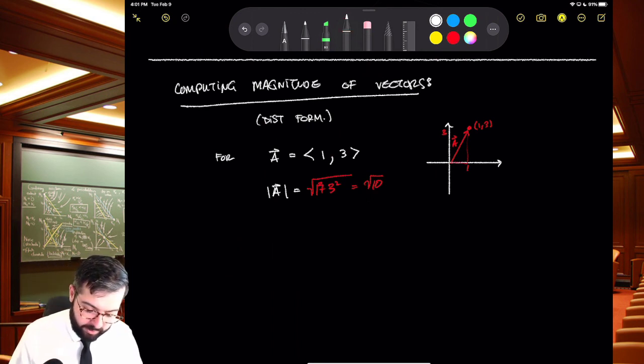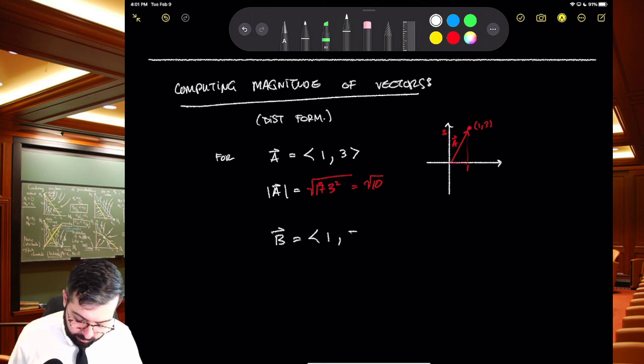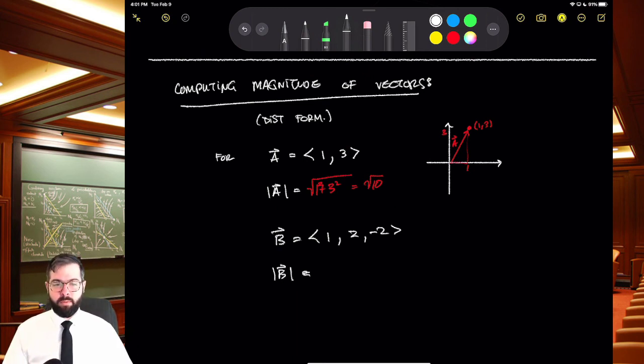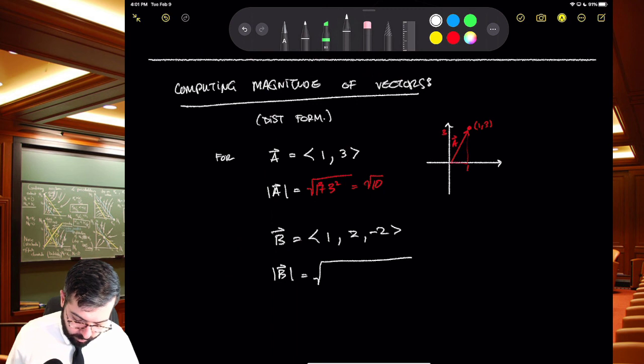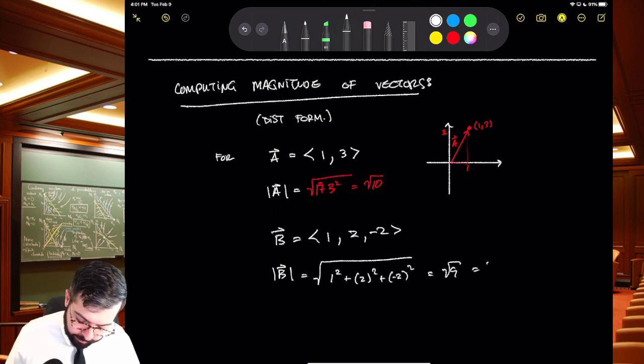And so if we have B that's 1, 2, negative 2, then the magnitude of this thing, which I'm going to use to compare to other vectors, is the square root of 1 squared plus 2 squared plus negative 2 squared, which is the square root of 9, which is 3.